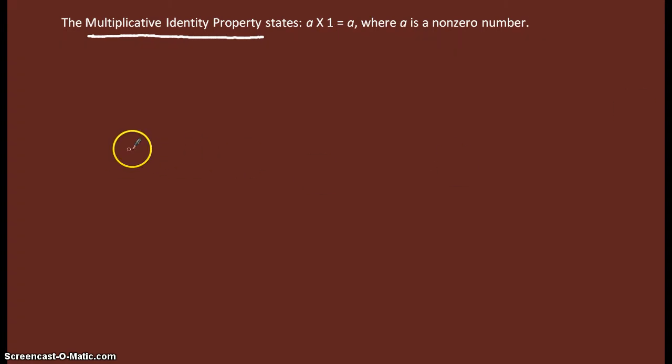Let's look at some examples. Let's say that we have the fraction 1/8, and let's say that we multiply that by 2 halves. 2 halves is essentially a whole, or 1.